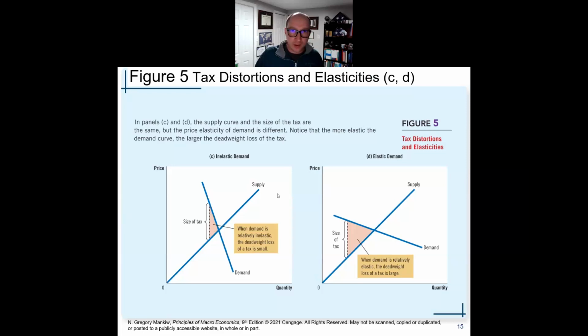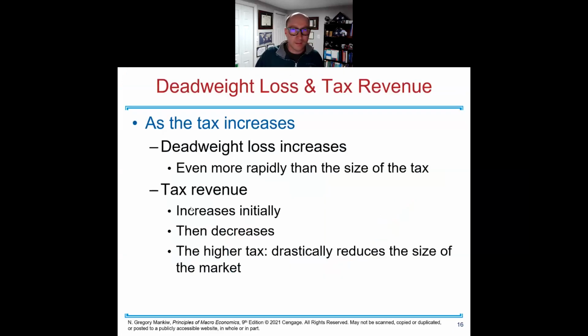This slide's very, very similar. It's just showing us that comparison again, even when there's a shift in the demand. So as the tax increases, the deadweight loss is, of course, going to increase. Very straightforward. Deadweight loss is the tax. Why?